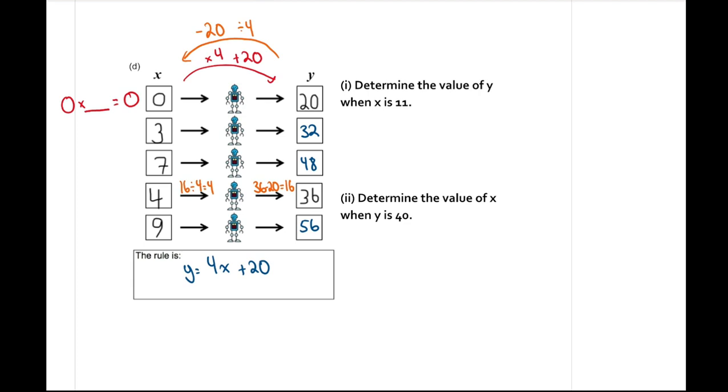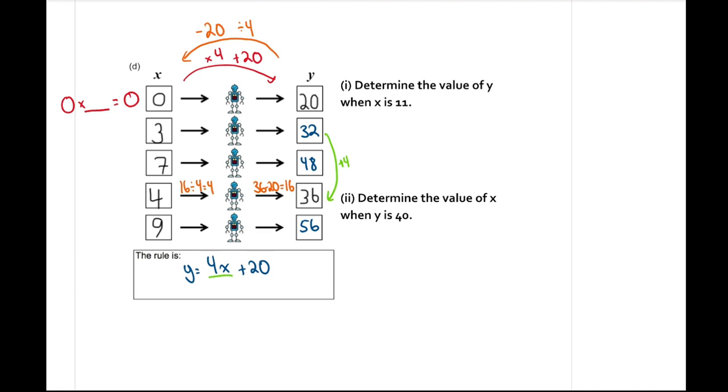Now we can see that kind of relationship between the sequential numbers. From 3 to 4, we can see that increase of 4, which would be our multiplier. And we can kind of see our constant again coming up in this plus 20 part. So using our rule now, we can answer these two questions. What is the value of y when x is 11?